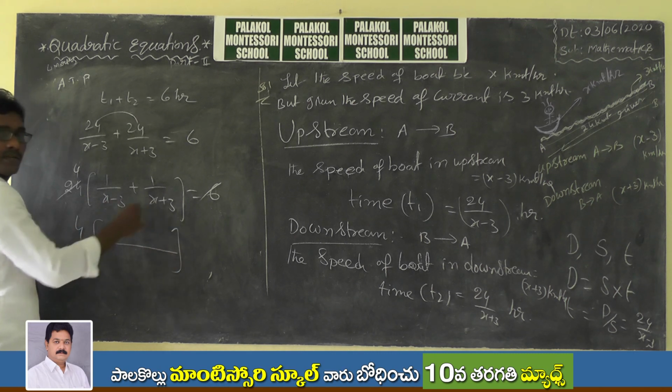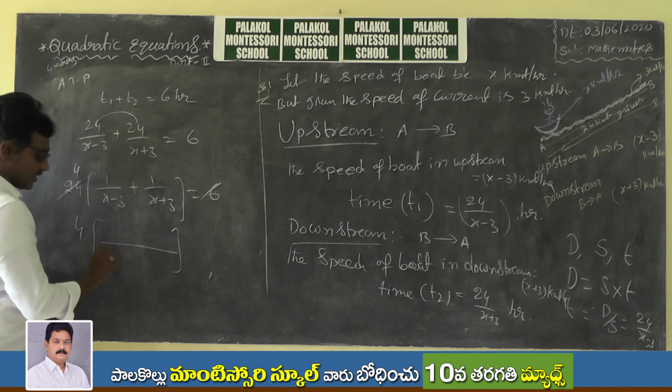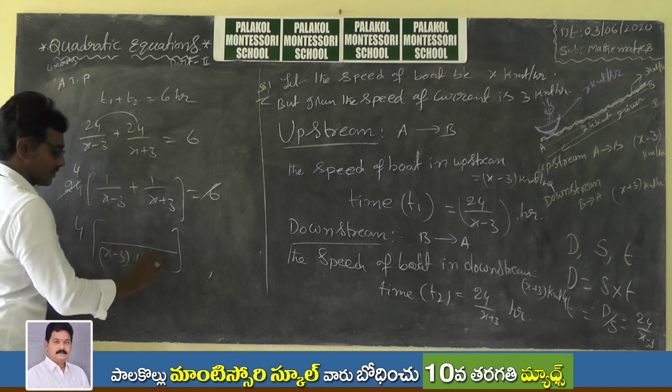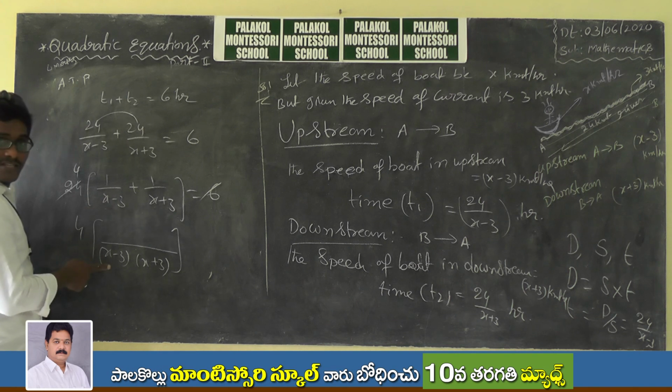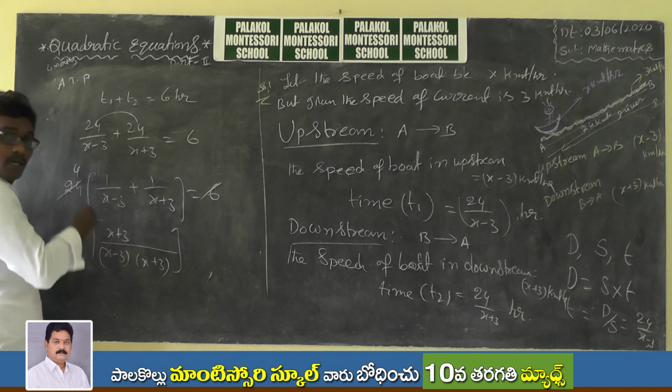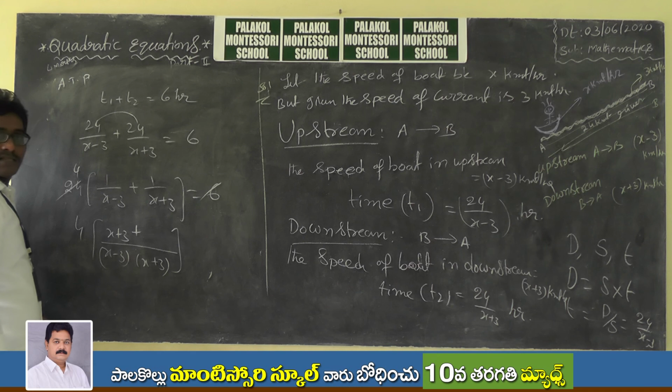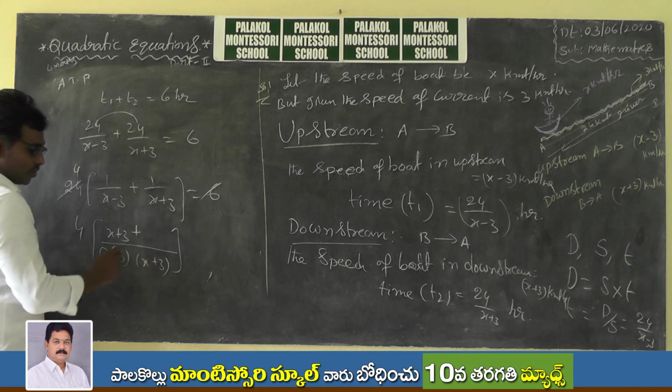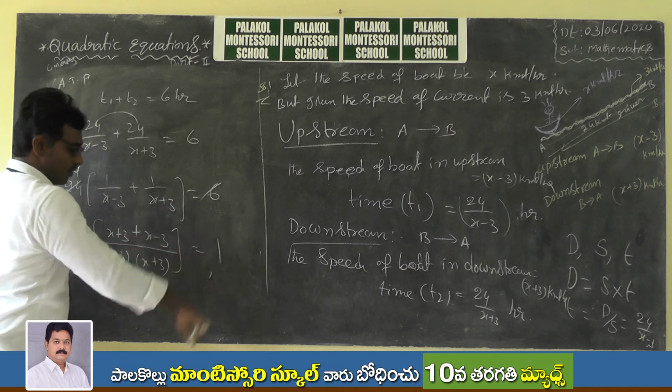Now there are two fractions in these brackets. So for simplification, first take the LCM, x minus 3 into x plus 3. Here one is in the numerator, with a plus sign. This one is matching, you write that x minus 3 equal to 1.